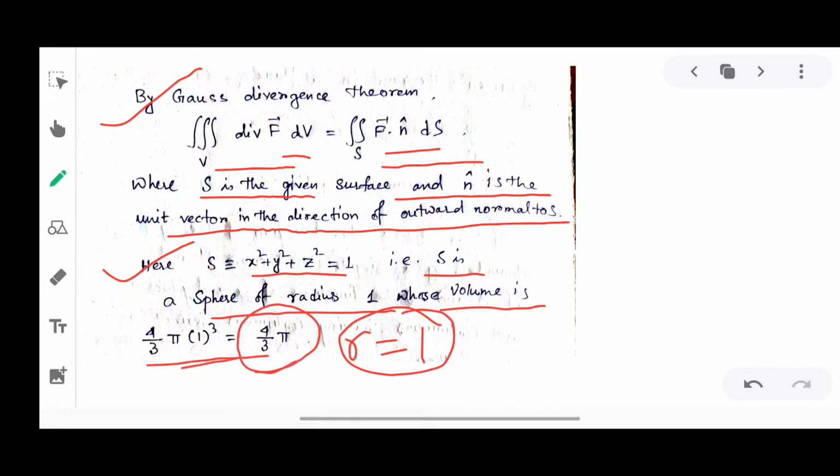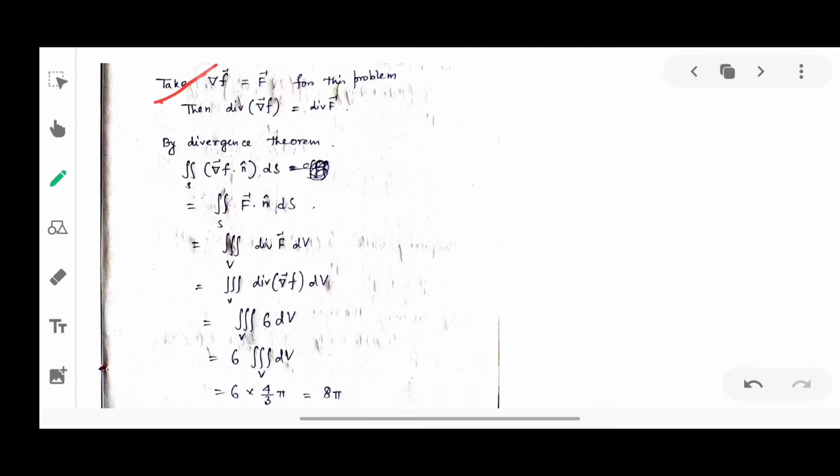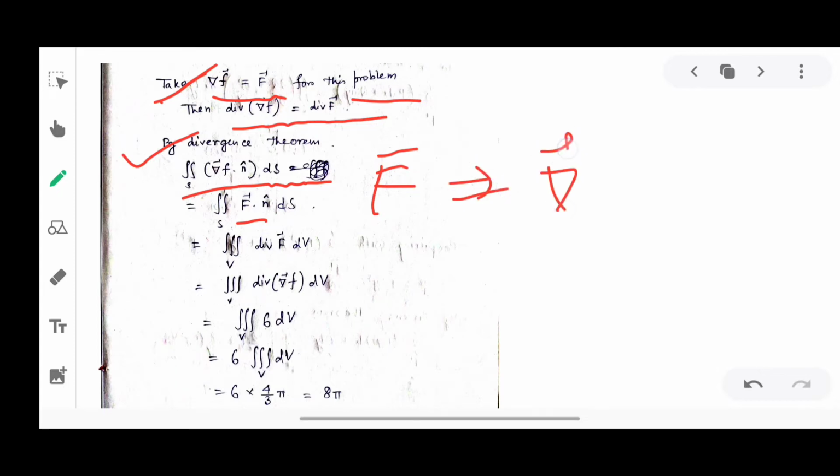Now let us take grad f equal to capital F for the problem, then div grad f equals div F. Now by the divergence theorem, the integral over S of grad f dot n ds is equal to the integral over S of F dot n ds, since F is equal to grad f.